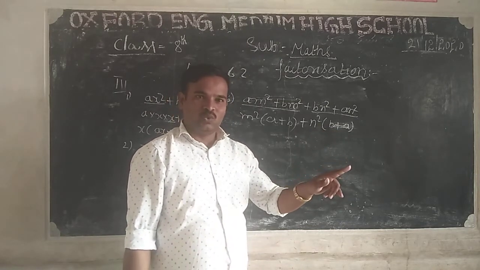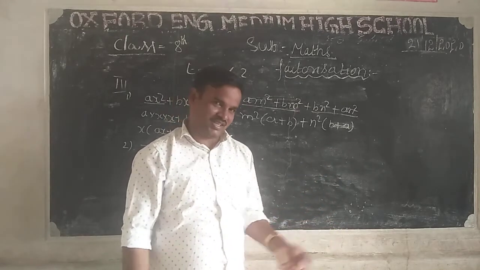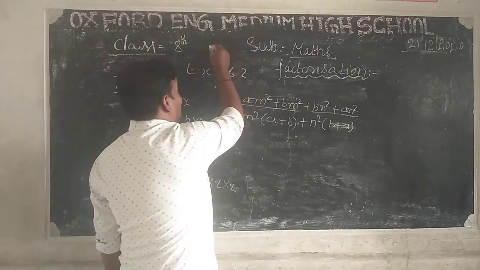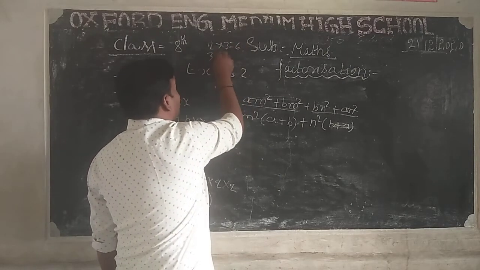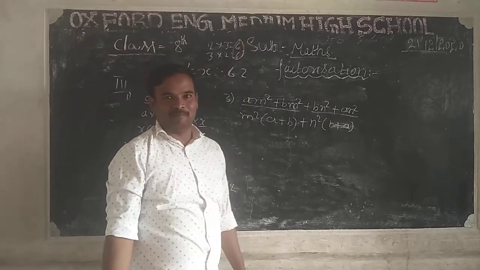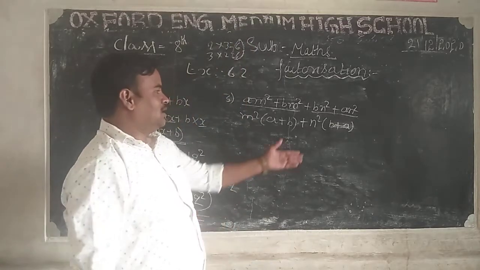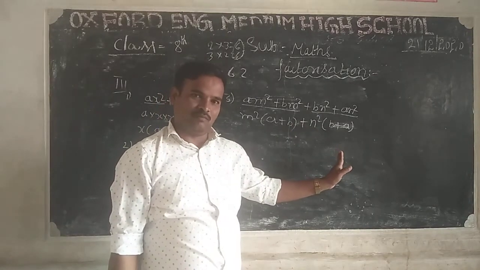Think logically: 2 into 3 is 6, and 3 into 2 is also 6. The answer we get is the same. So according to this, a plus b or b plus a, both are the same.